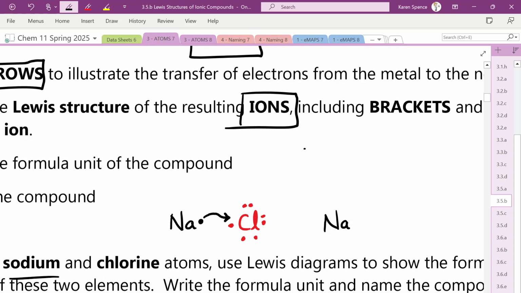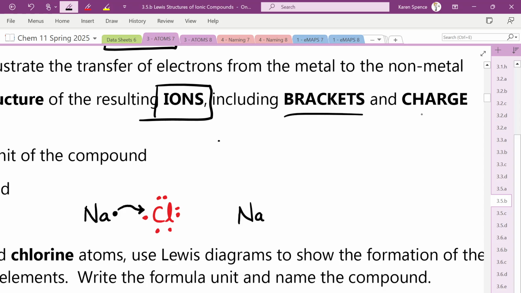What do we do to show that it is an ion? We also use brackets and charge. So let's bracket it. And its charge is +1. Yeah, plus. Chloride. Cl.